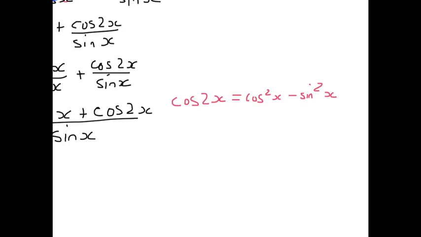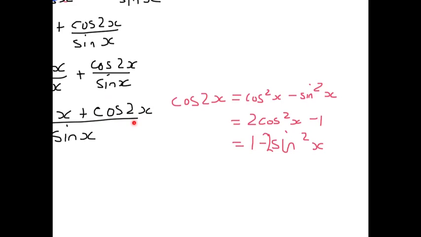That's option number 1. Option number 2 would be 2 cosine squared x minus 1. And option number 3 would be 1 minus 2 sine squared x. So one of these identities I'm going to use to replace this cosine 2x.